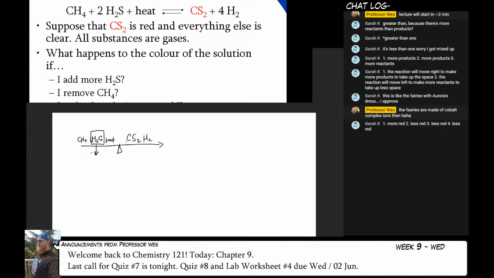It'll tilt like this. So to get it to go back, I need to go towards products. And since CS2 is a product, this should be more red.